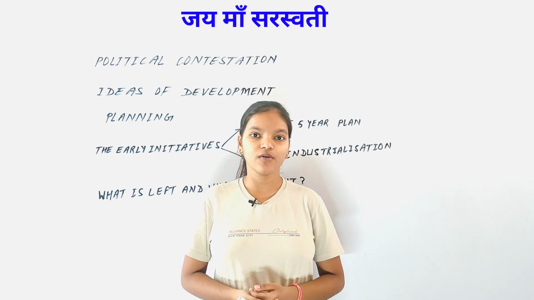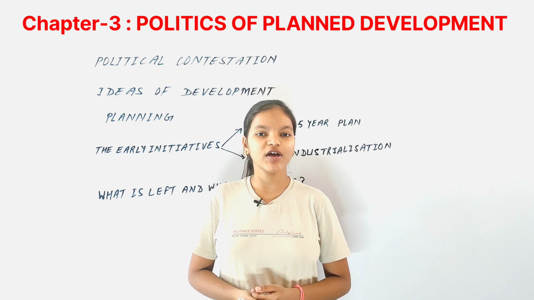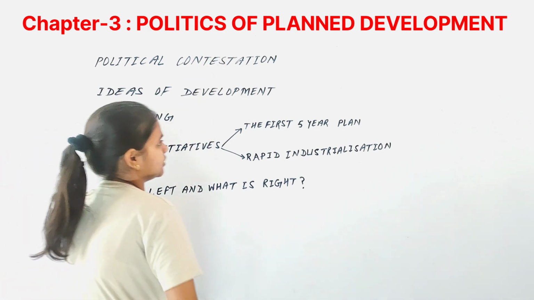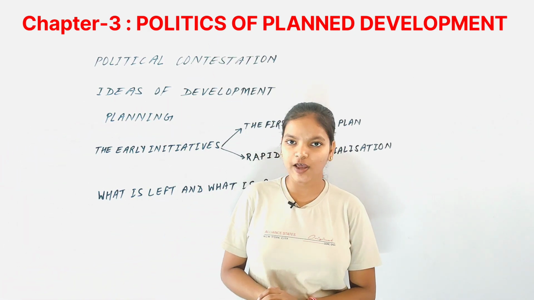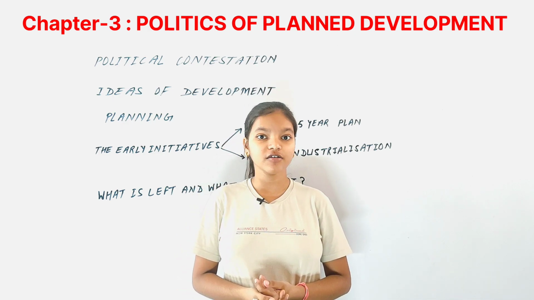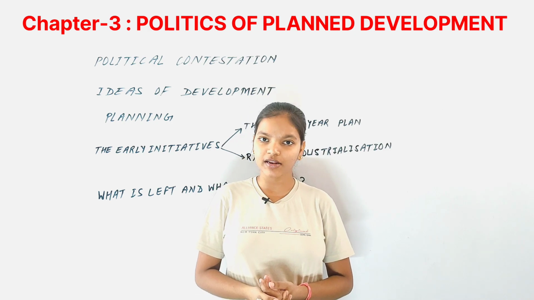In this video, I will explain Class 12th Political Science Chapter 3, which is Politics of Planned Development. In the last two chapters, chapter number 1 and chapter number 2 of this book, we studied the first two challenges that India had to face as a newly independent nation.